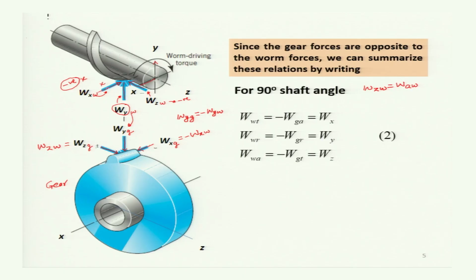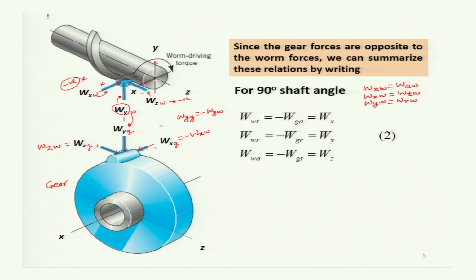Wx worm, the force acting in the direction of x, is acting tangentially on the worm, so Wx worm is equal to W tangential worm. The y component Wy worm is acting radially on the worm, so Wy worm will be called W radial worm.